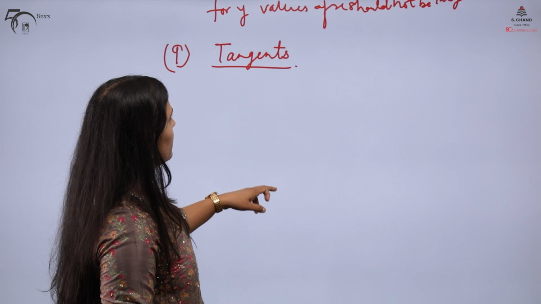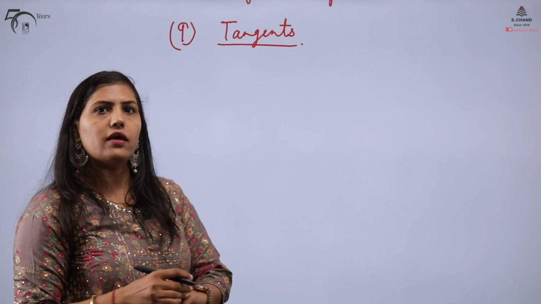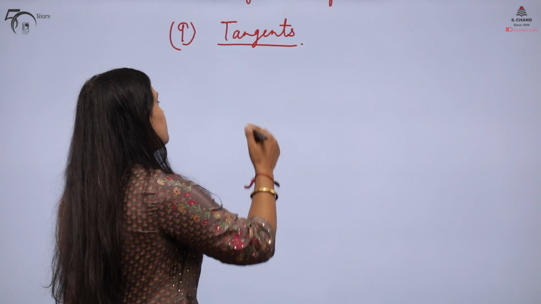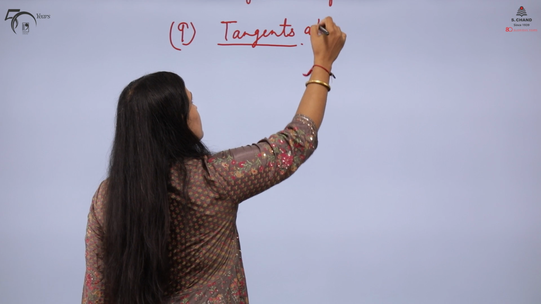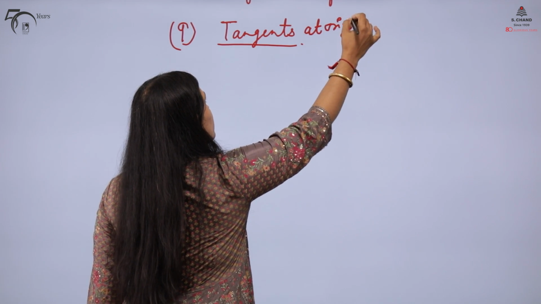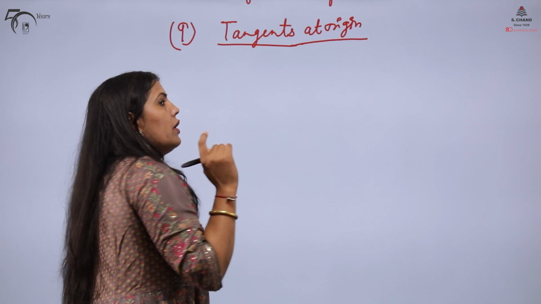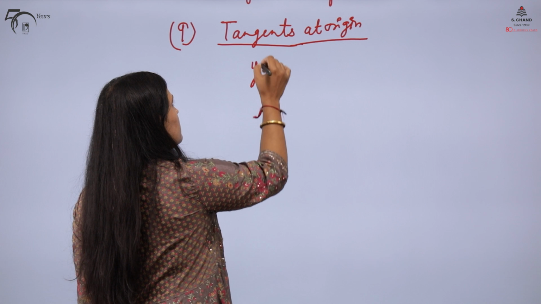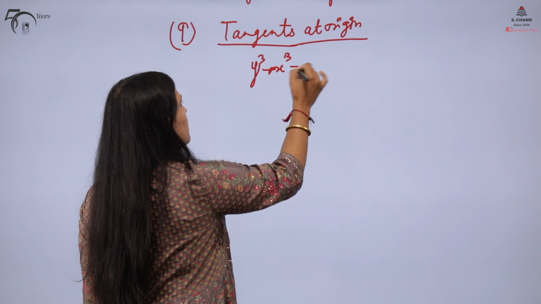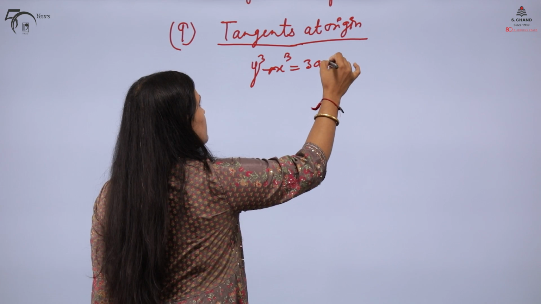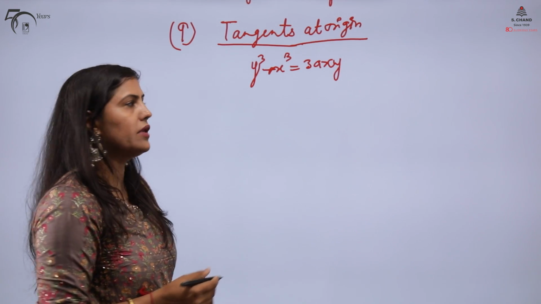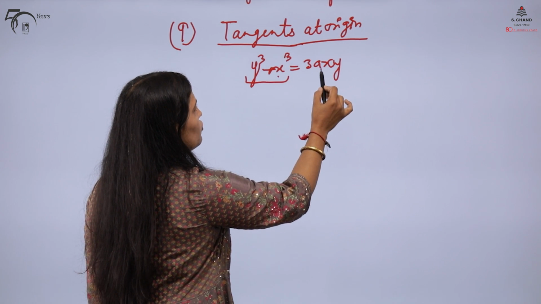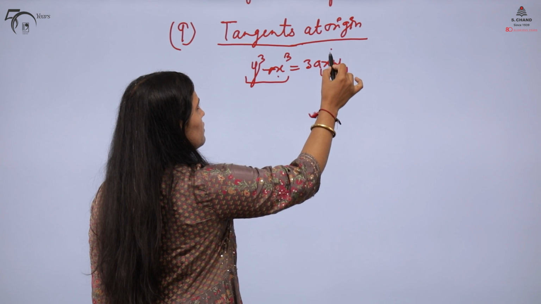Now coming to the tangents part. I have already discussed tangents in my earlier lecture, but I will discuss this part again because the tangent at the origin is very important. If the origin is lying on the curve, how do you find the tangent at the origin? Suppose your curve is this. Just check the lowest degree. This term has power 3, this has power 3, so this is 3. Check the degree of this term now: 1 plus 1, 2.